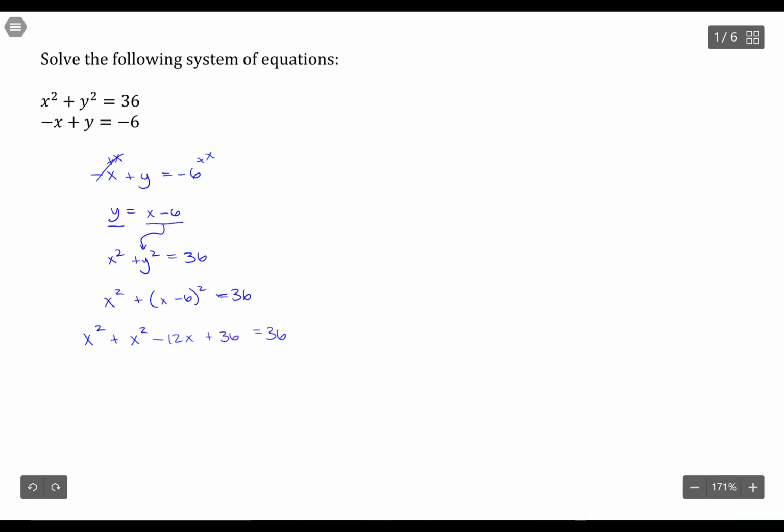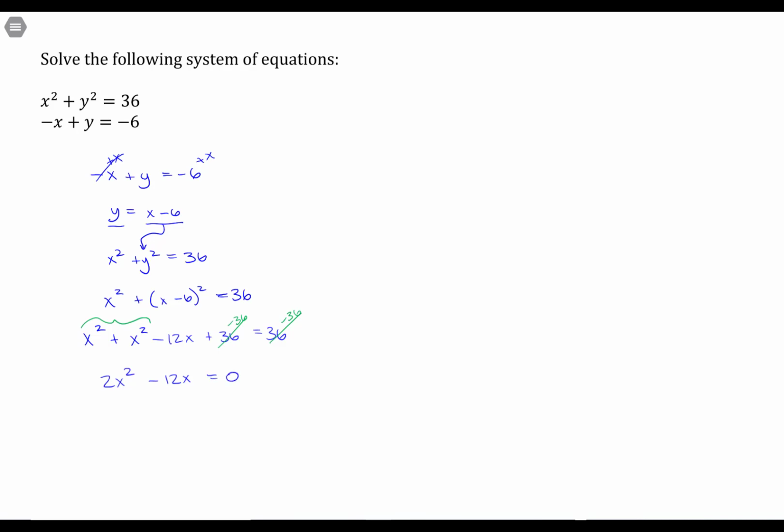All right, now combining some terms here, I have x squared plus x squared, which will combine into 2x squared. The negative 12x doesn't have anything to combine with, but when I subtract 36 from both sides, notice that it will cancel out on both sides of the equation. So now that's just equal to 0.